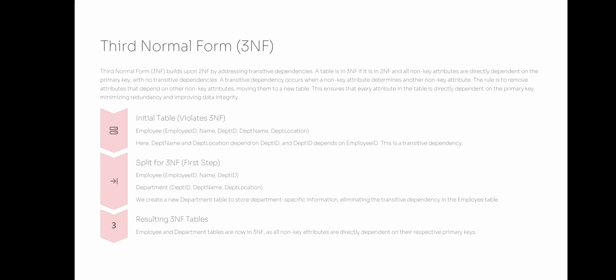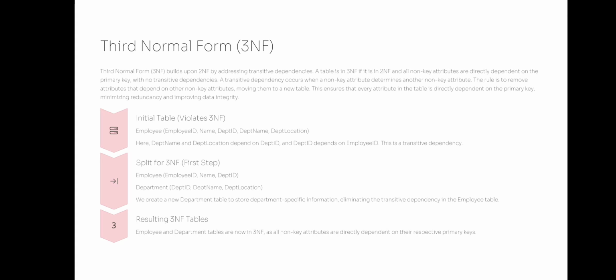A transitive dependency occurs when a non-key attribute determines another non-key attribute. The rule is to remove attributes that depend on other non-key attributes, moving them to a new table. This ensures every attribute in the table is directly dependent on the primary key, minimizing redundancy and improving data integrity.